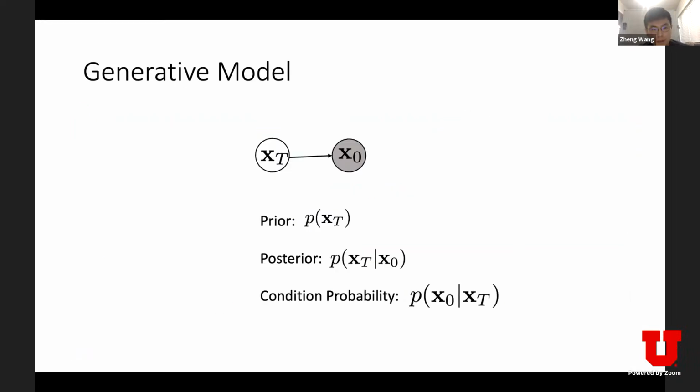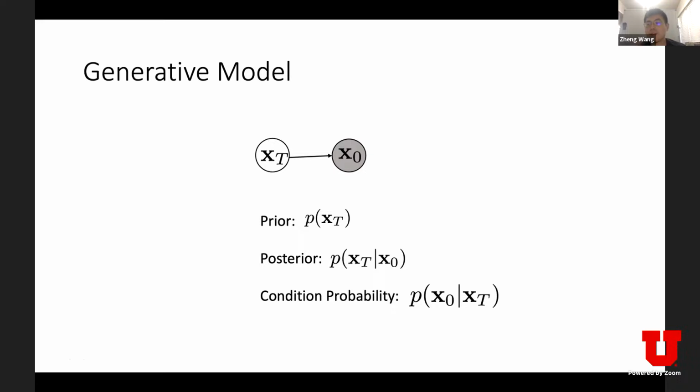First of all, let's review a very simple generative model, where we have the prior probability over xt and the observation x0, and the conditional probability is the probability of x0 conditioning on xt.